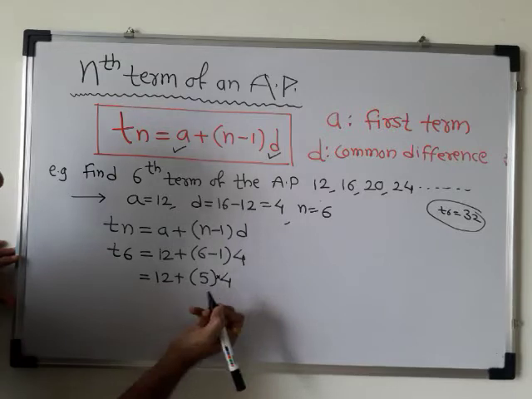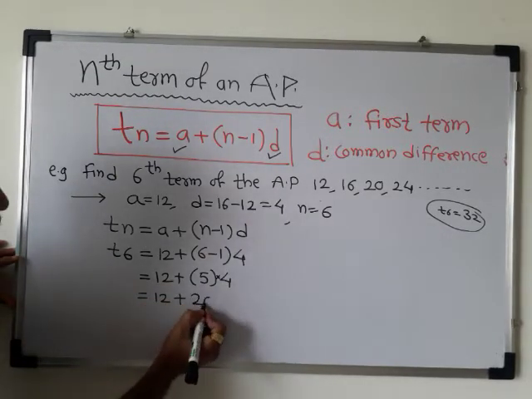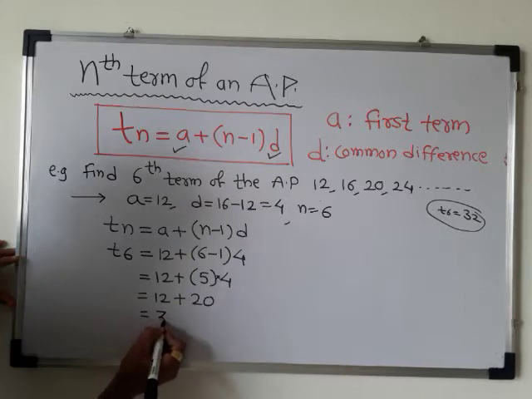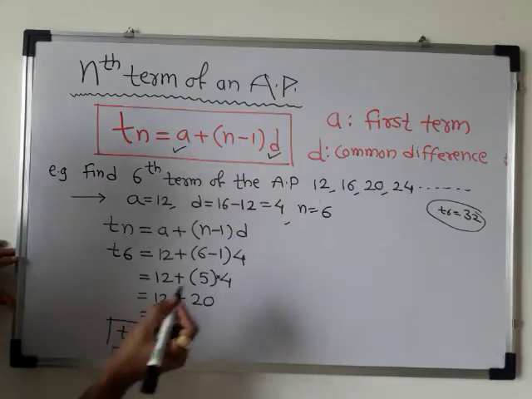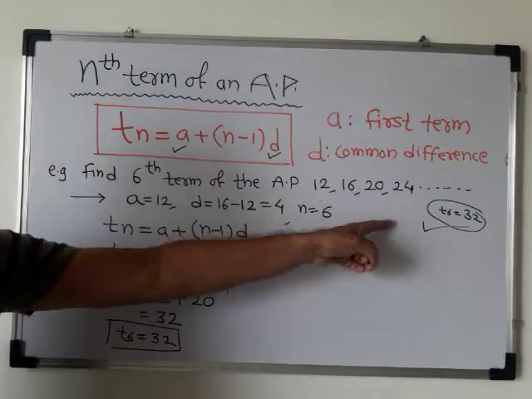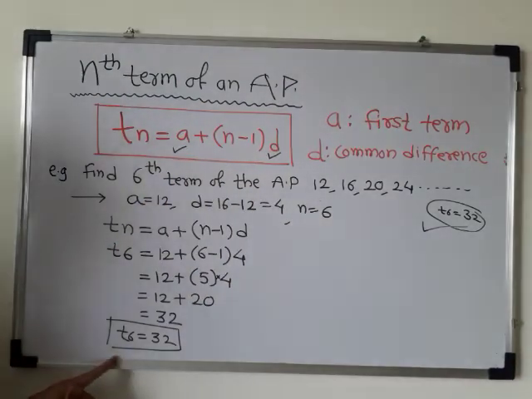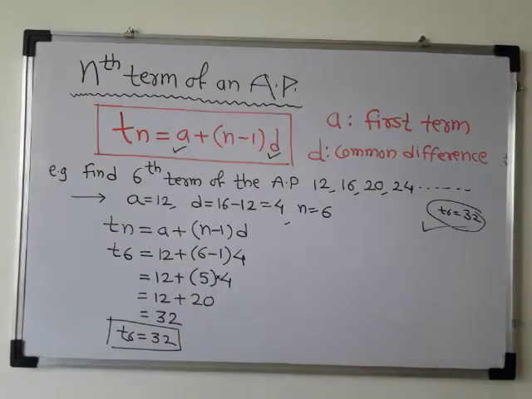Here is the sign of multiplication. So 12 plus 5 4s are 20, 32. So you got T6 is equal to 32. So our answer is correct. Orally also and by formula also. This is the use of this formula of an arithmetic progression.